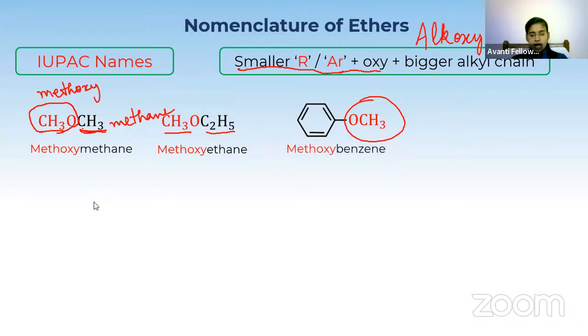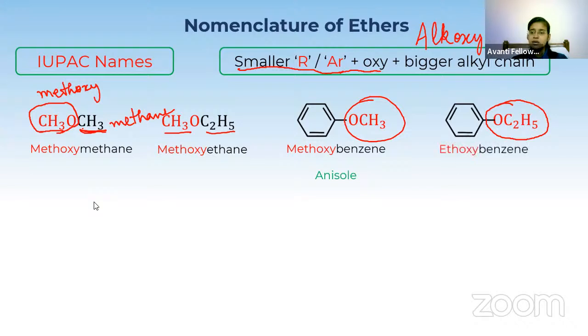Methoxybenzene. According to the IUPAC nomenclature also, it is called anisole. And the fourth compound is C2H5O. So it is ethoxybenzene. Ethoxybenzene. Got it?